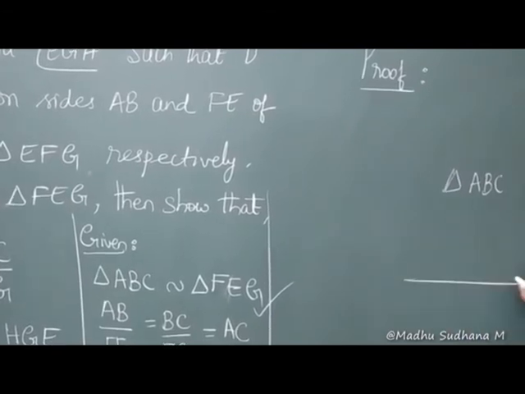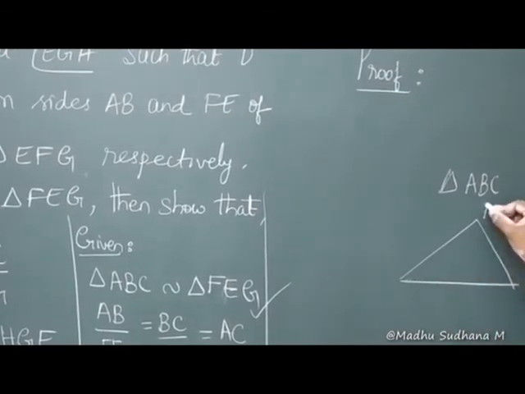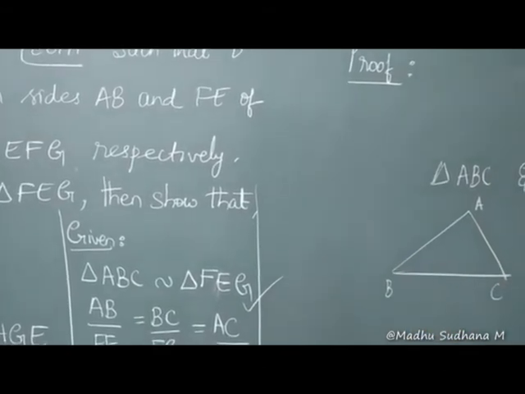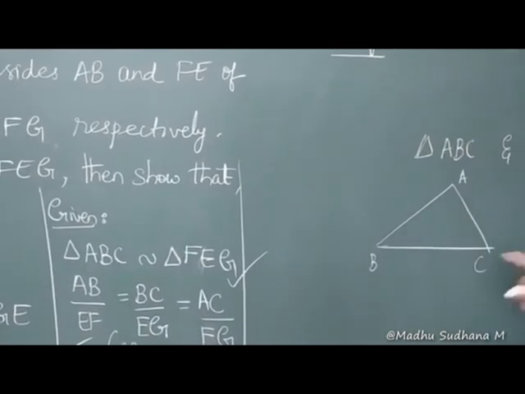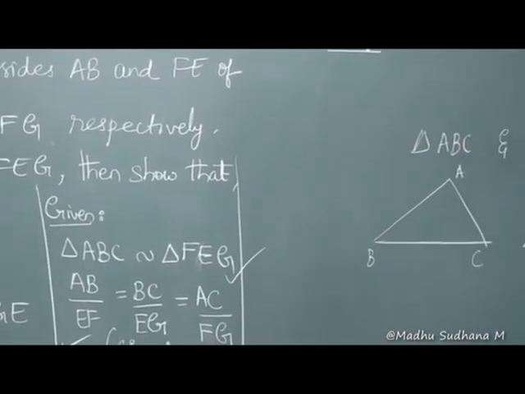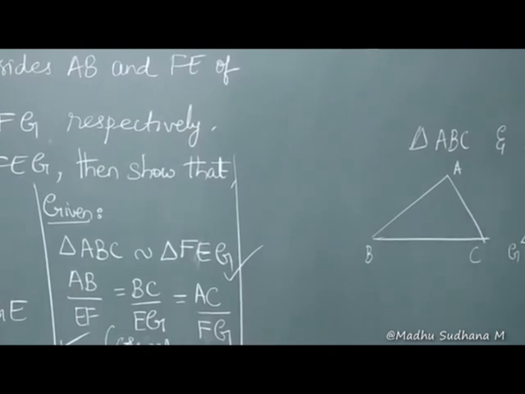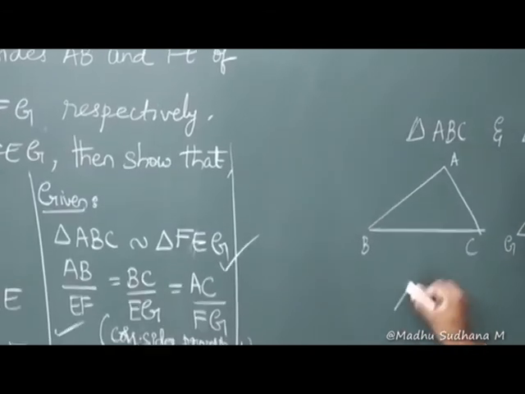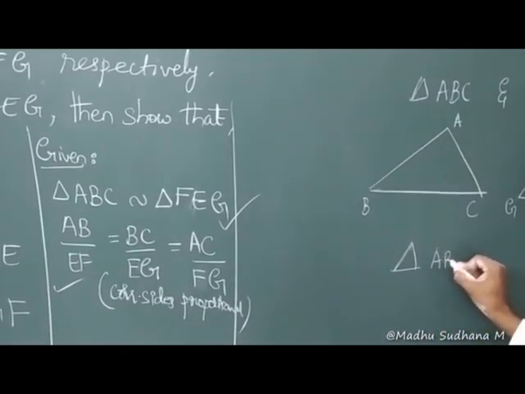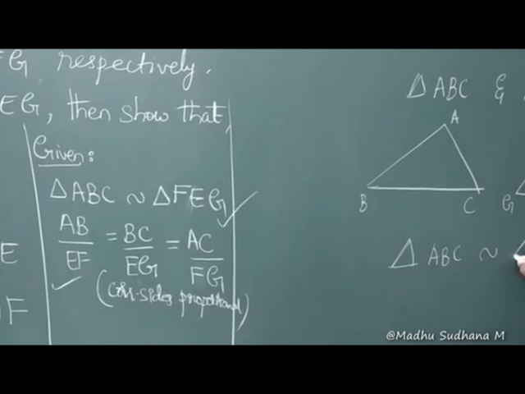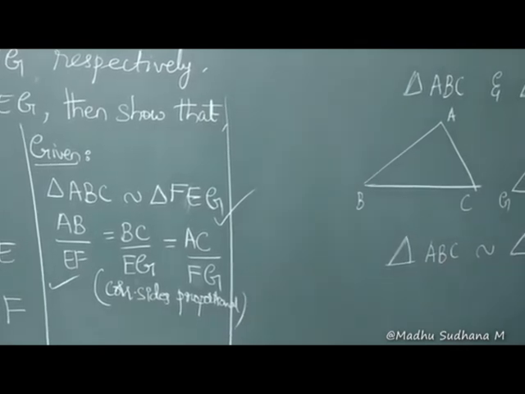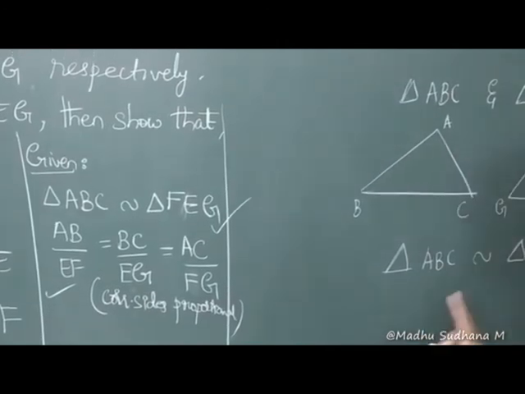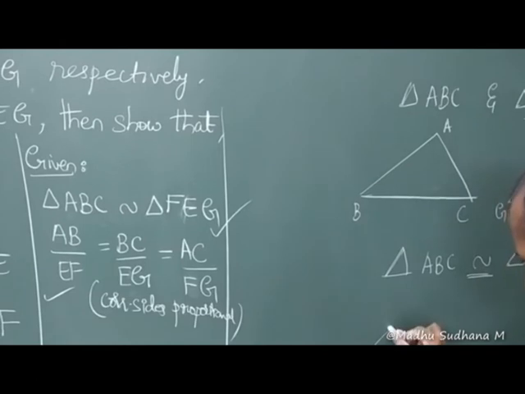Now this is my triangle ABC and this is my triangle EFG, right? Even if I start writing EFG here, these two are triangles as given. But if I say triangle ABC is similar to triangle FEG, followed it, then I shall write it this way. Let me write one triangle here.